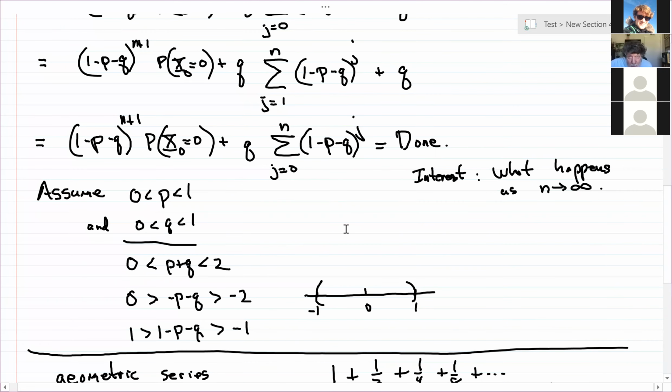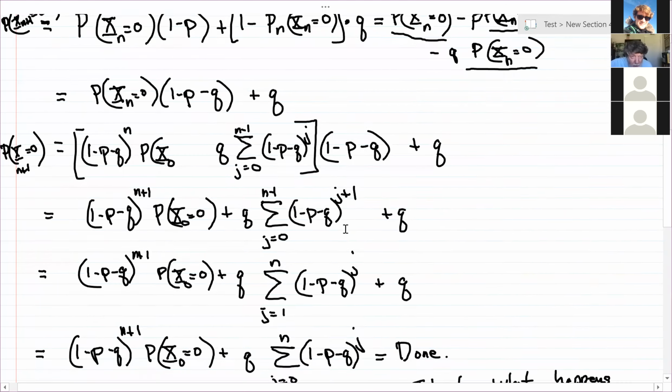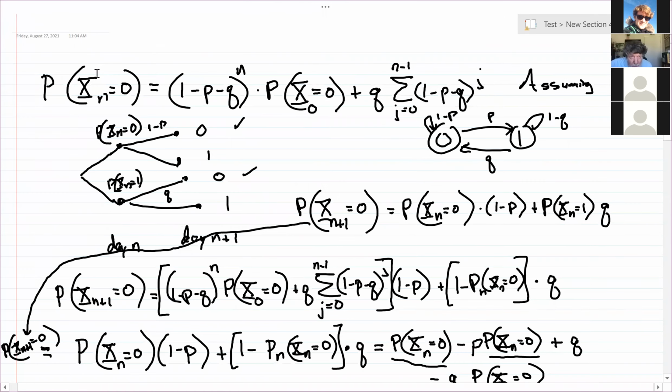Either in this one or in the one, why don't we go back to the original one? The probability on day n of being broken is this. So we have an expression for the sum here. So let's rewrite that one more time.